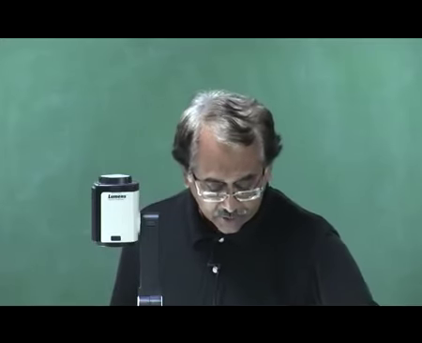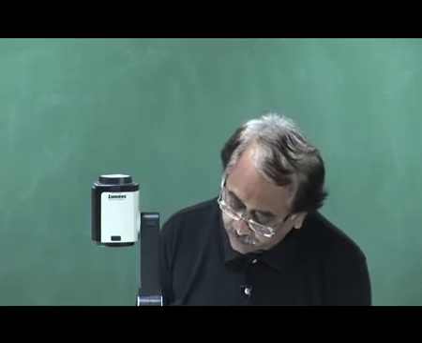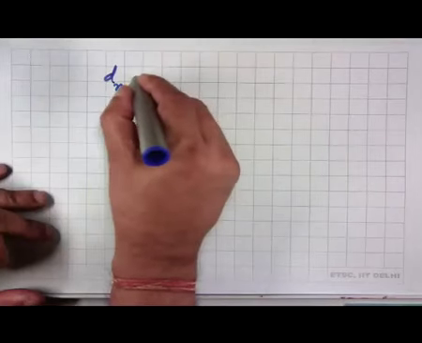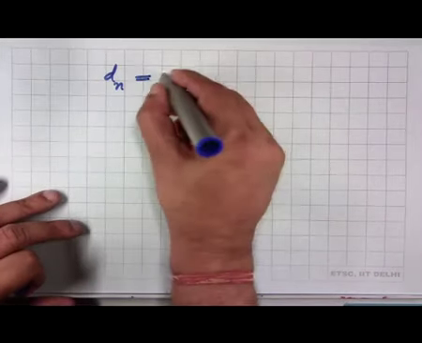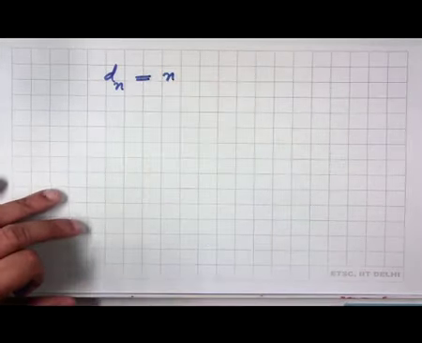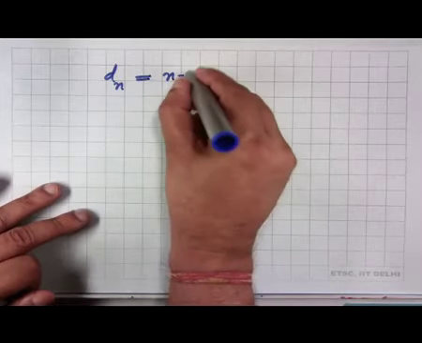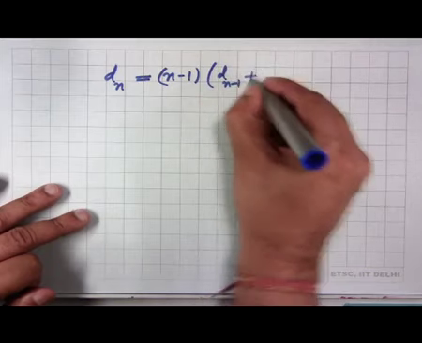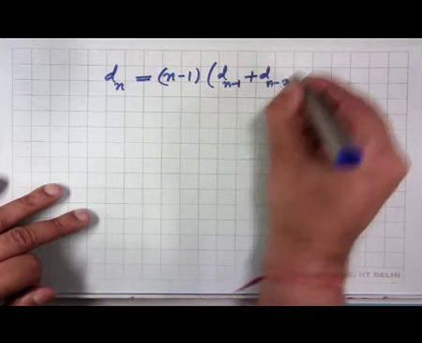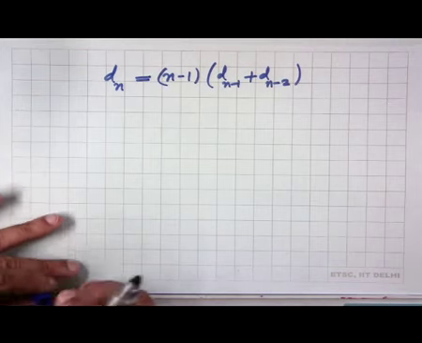This will take me a little bit astray, but in fact, we can prove, and this is not what we're going to do today, a recurrence formula for dn. It goes dn is equal to n minus 1 times dn minus 1 plus dn minus 2. This is an example of a second order recurrence.